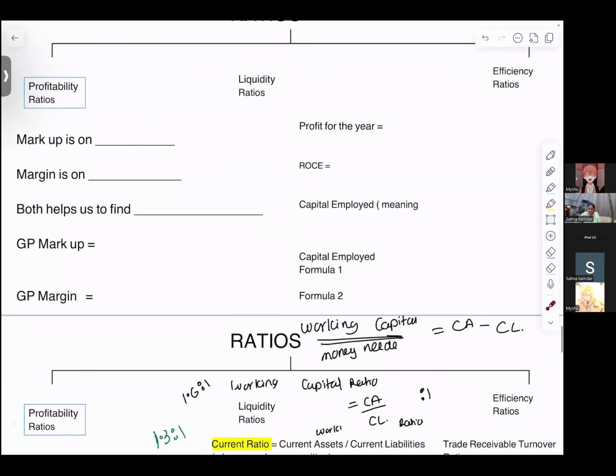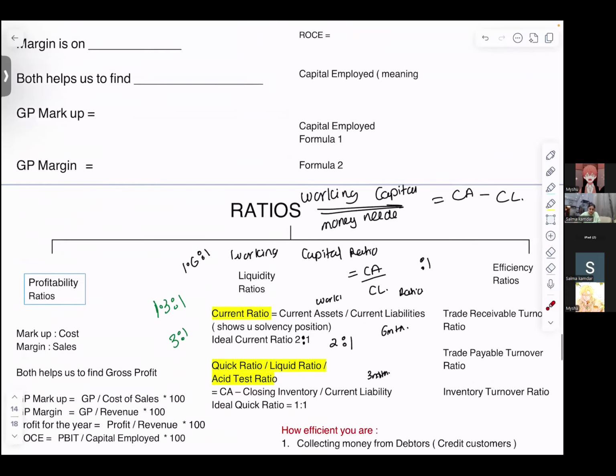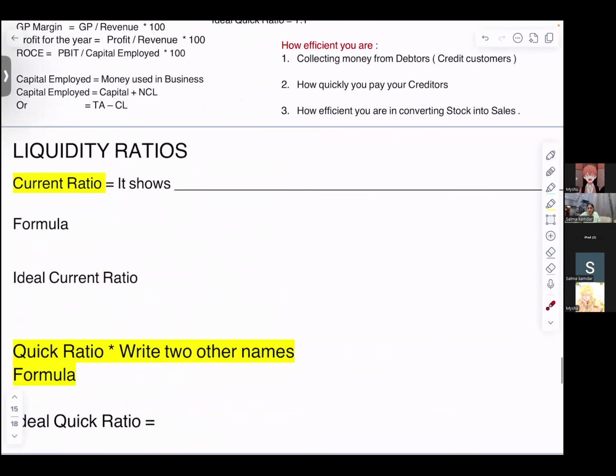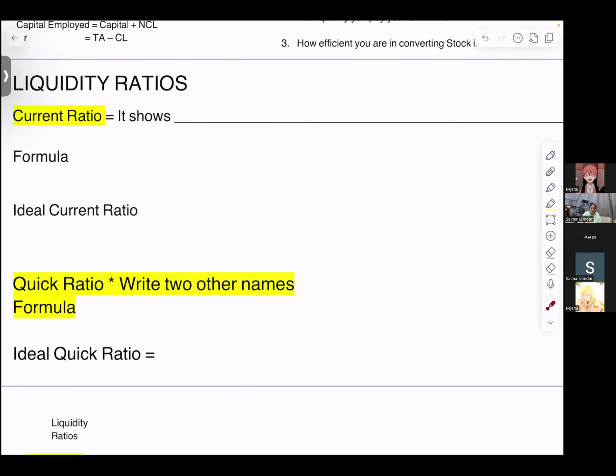Okay, fine. Liquidity ratio. What does the liquidity ratio tell you? How liquid your company or business is, how solvent you are. What is the formula for current ratio? Current assets divided by current liabilities.